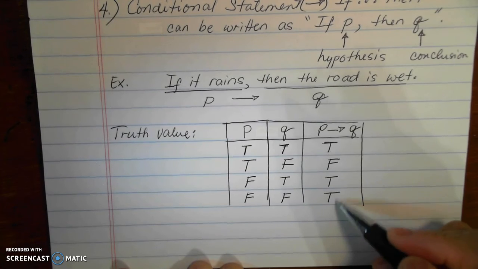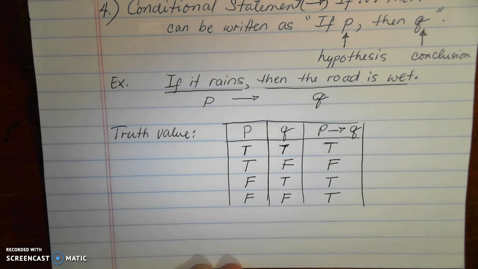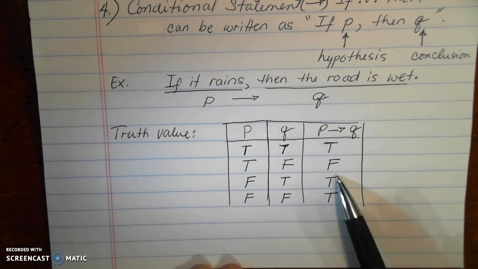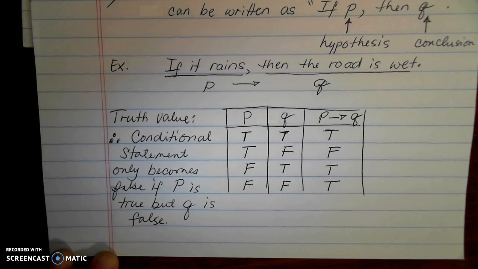This happens when from the very beginning your hypothesis part was a false statement. Then the whole entire statement becomes true. So for our conclusion, the truth value of a conditional statement only becomes false if P is true but Q is false.